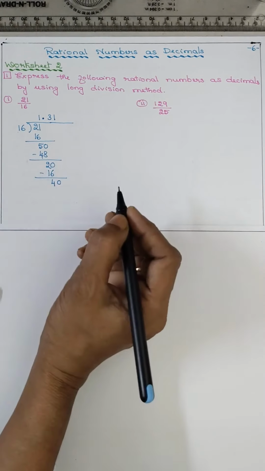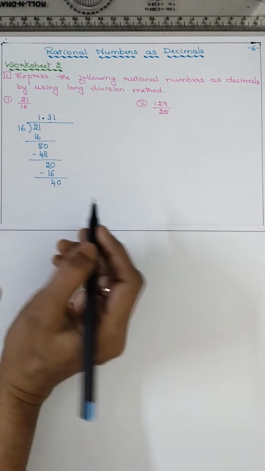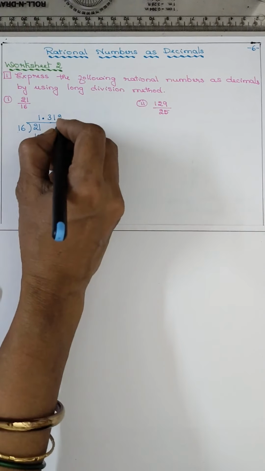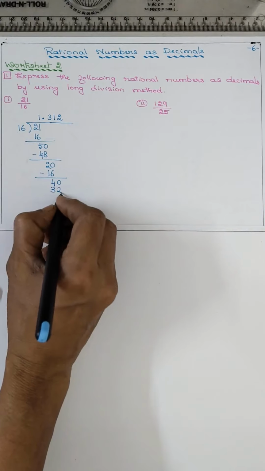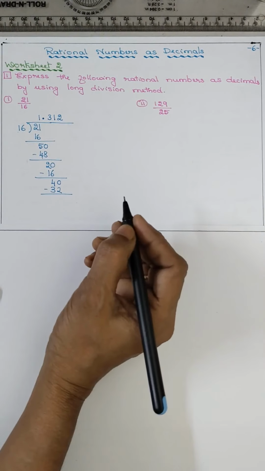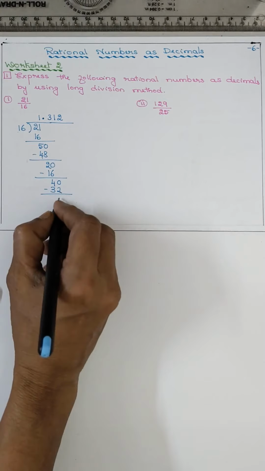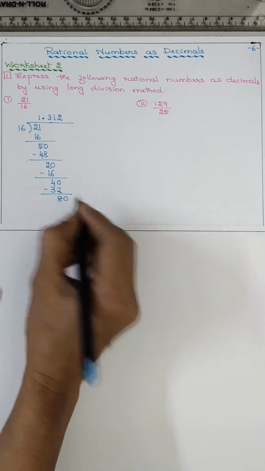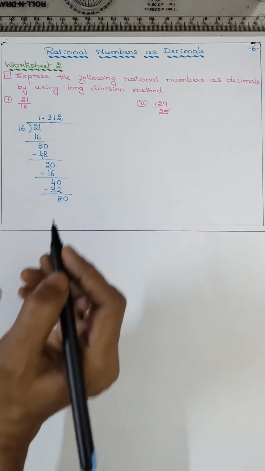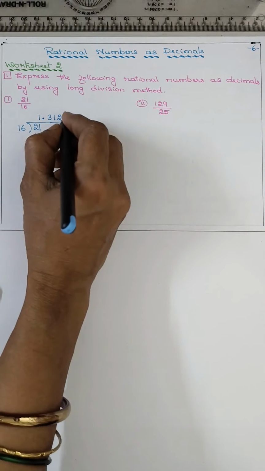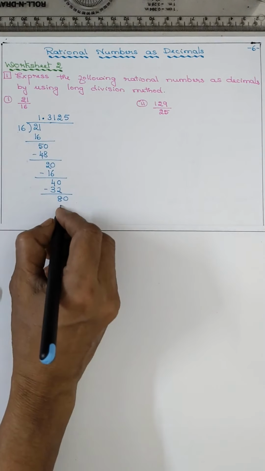Take extra 0. 16 how much are 40? 16 2s are 32. Now 10 minus 2 is 8. Take extra 0. 16 how much are 80? 16 5s are 80.